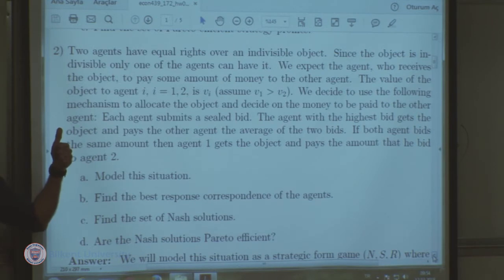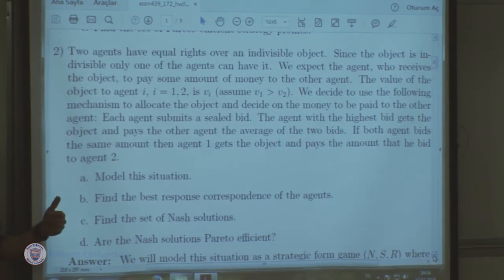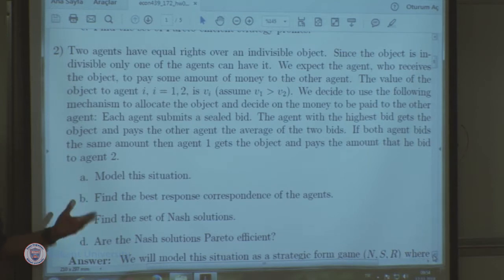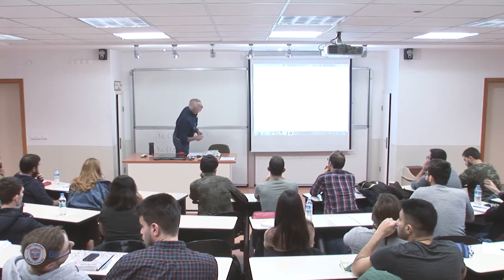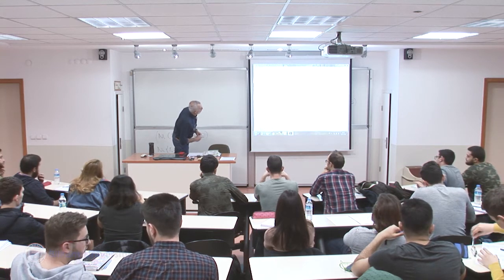Who gets the object? How much he or she pays. So an outcome should consist of a pair, which denotes who gets the object and how much he or she pays.